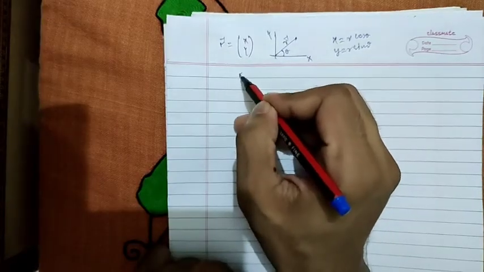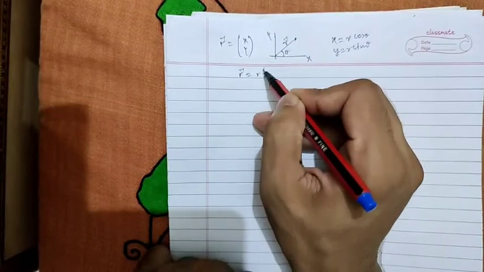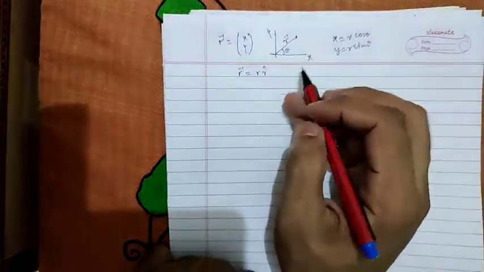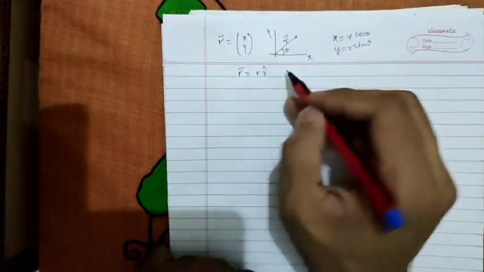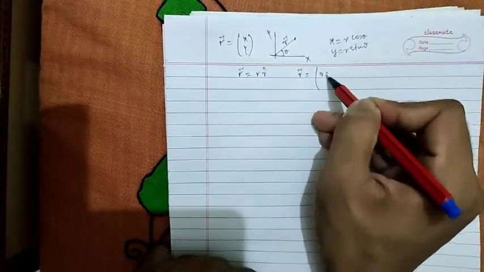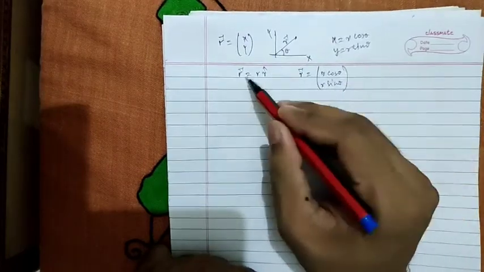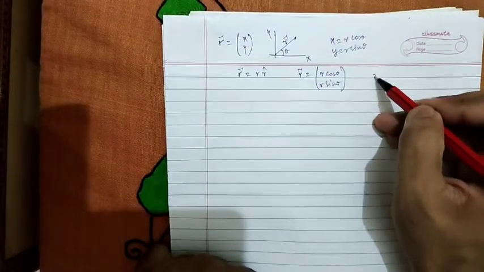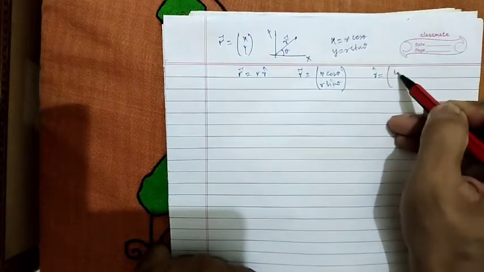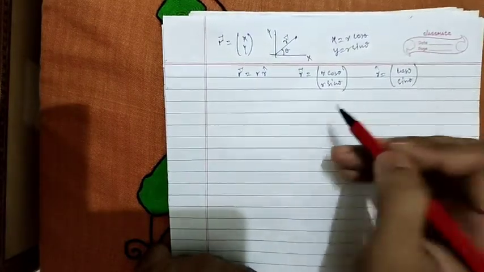And we know position vector r can be represented as r magnitude times direction. So r vector equals r cos theta and r sin theta. On comparing both, we can know that r cap equals cos theta and sin theta.